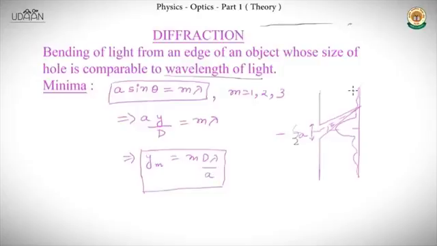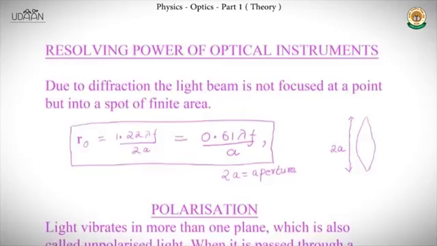So here we get the intensity distribution of the diffraction, which has a very big maxima at the center, and the amplitude of the maxima decreases as the distance increases from the center.